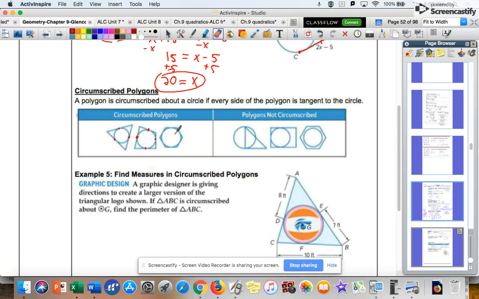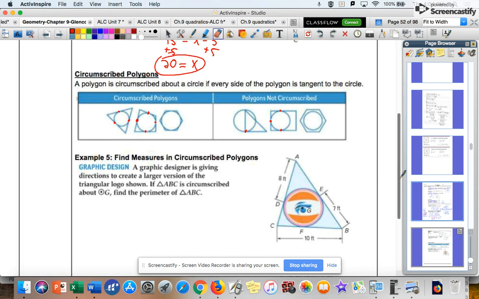Same thing with the hexagon there. And then these would not be circumscribed, so they don't fit perfectly around. This one has actually 3 tangent points, but not this one. This doesn't have any tangent points. This one maybe has 1 tangent point. So just as a point of fact with that definition.